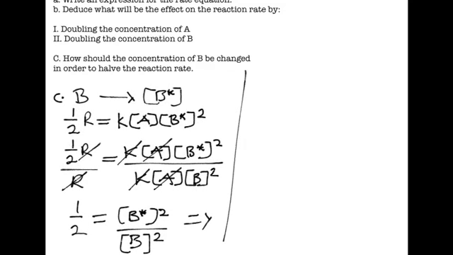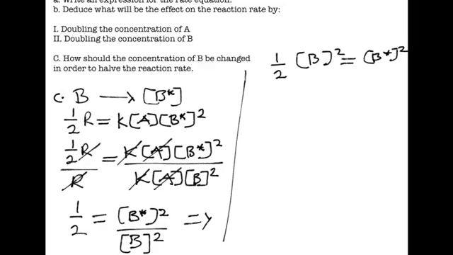We're going to have 1 out of 2 B squared, which is going to be equal to B asterisk squared. Remember we are looking for B asterisk, which is the concentration of B needed in order to halve the rate of the reaction.